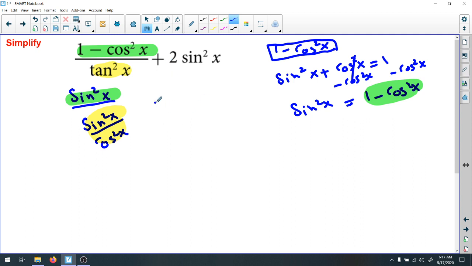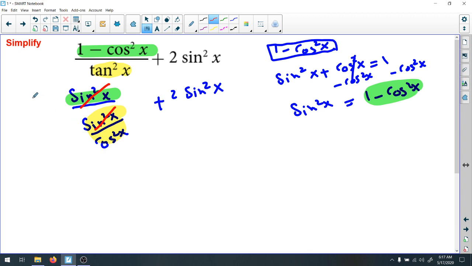Plus, bring down 2 sine square x for now. Let's deal with that. Sine square divided by sine square over cosine square. Just cancel out sine square with sine square.